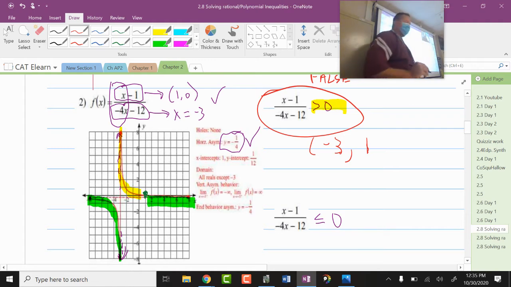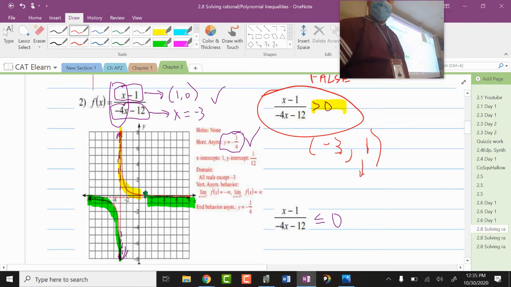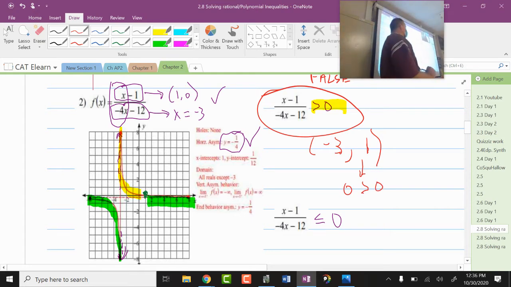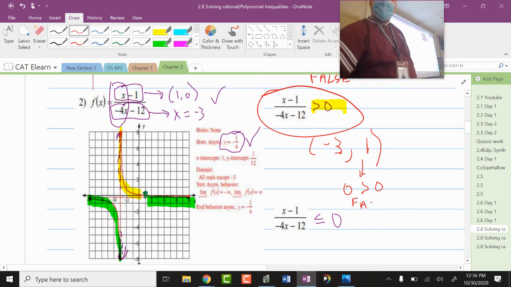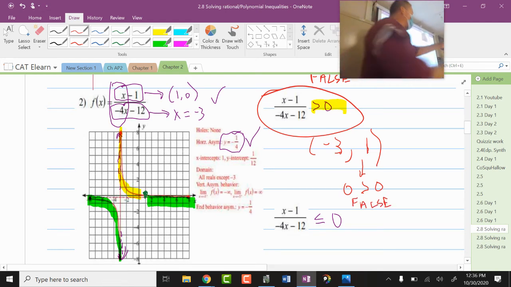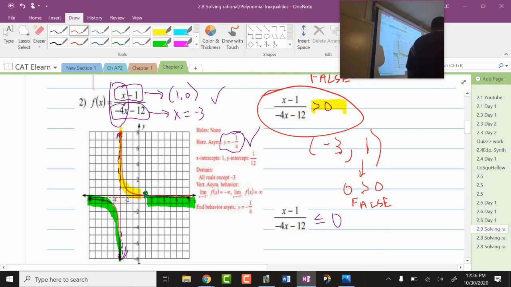Parenthesis or bracket? Bracket. Oh. Why is it a parenthesis? When I plug in 1, I get 0 as an output value. True or false? 0 greater than 0. False. Okay, so that's okay, on our new thing there, but that's hopefully me calling on you, right? It ingrains that idea into your brain that this has to be a parenthesis because that's not true. Never true. Could be true if there was an equal sign, but there isn't.